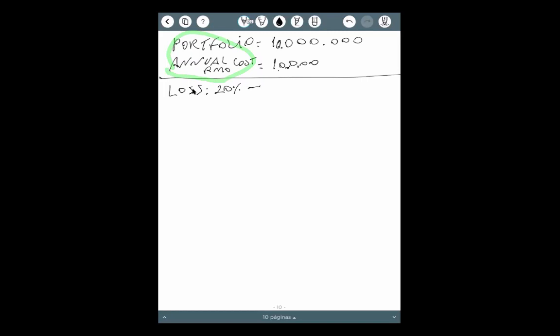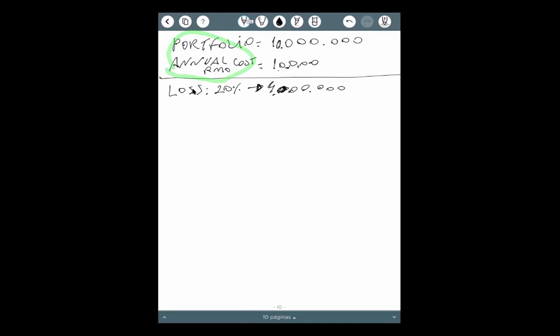So it means that if we don't do anything, we will have around 4 million euros, for example. It will be my loss, okay?